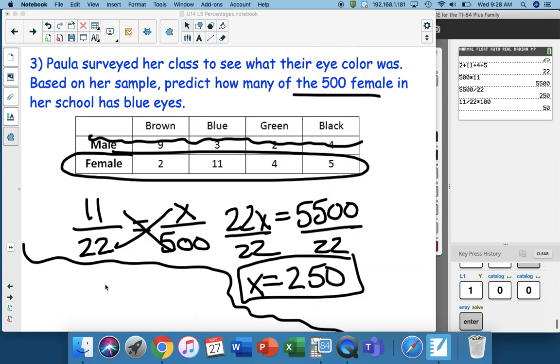What's 50% of 500? What's half of 500? 250. So that's the other way you could have done it, but I prefer you to do the cross multiplying. It's a lot easier to make sure you get the right answer. It's called a proportion, and that's what they're asking you. They're asking you based on the sample to predict something else, which is also very easy to do. They just give you all the information there.